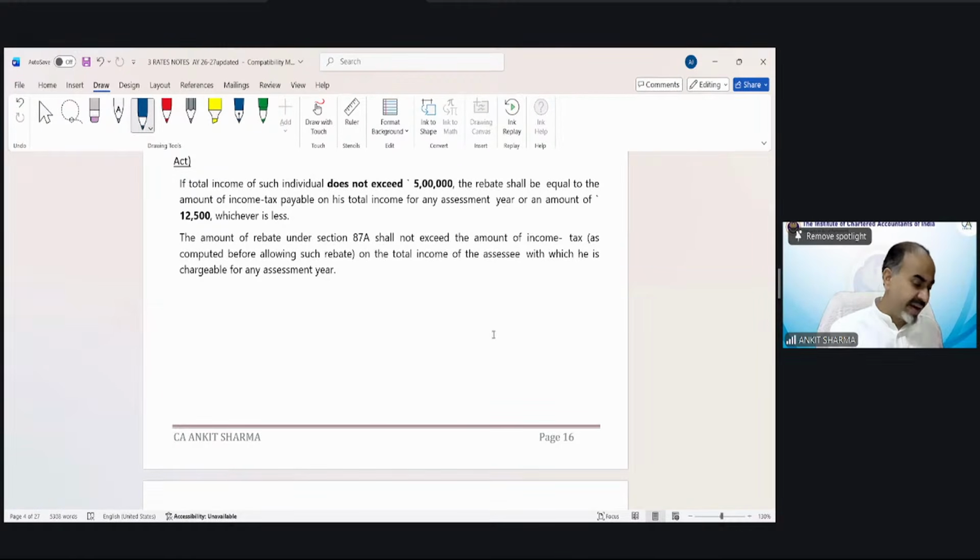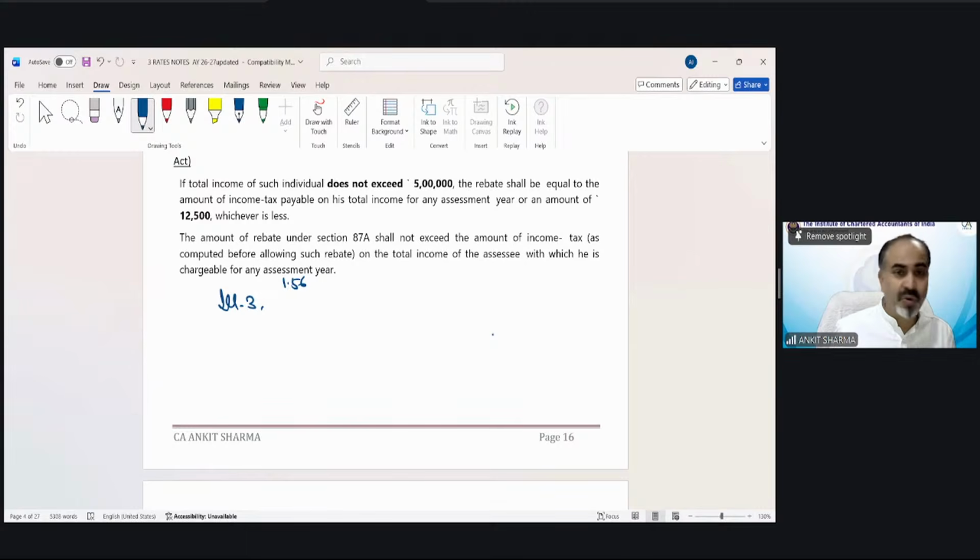So kindly write down: illustration number 3 in your study material, page number 1.56. Fine. Illustration number 3 is your homework.